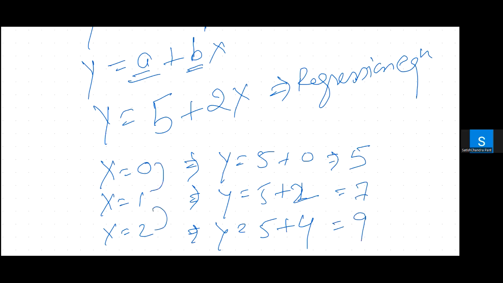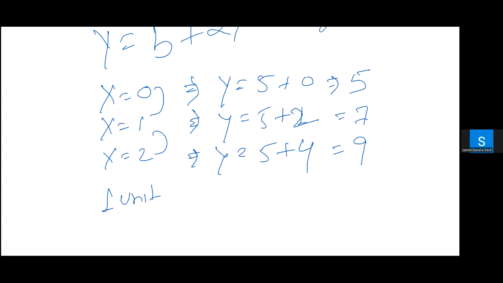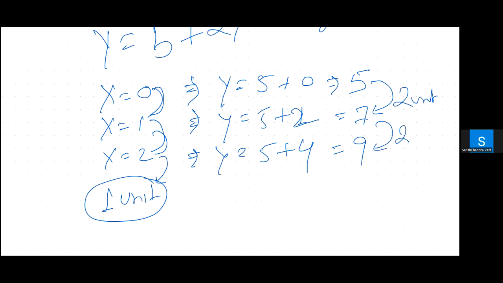As and when you increase the value of x by 1 unit, how much change is there? 0 to 1 and 1 to 2. This is 1 unit change, this is 1 unit change, right? So 1 unit change is giving you 2 unit change in your outcome.